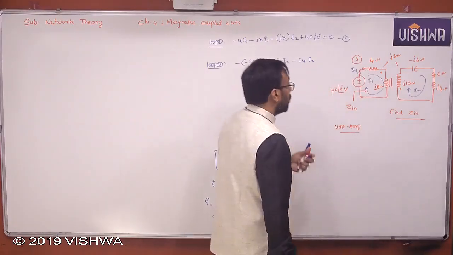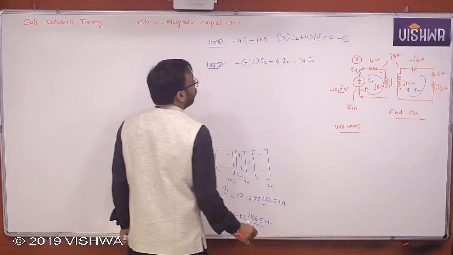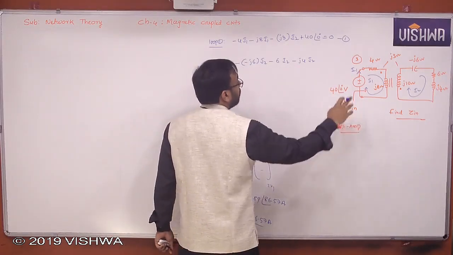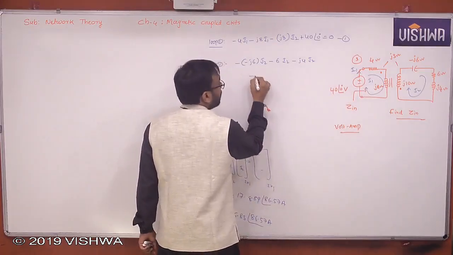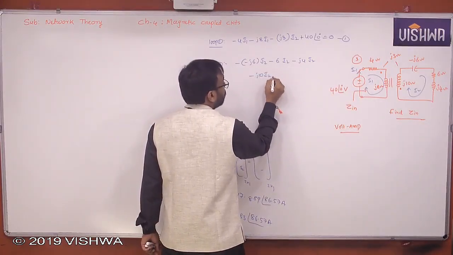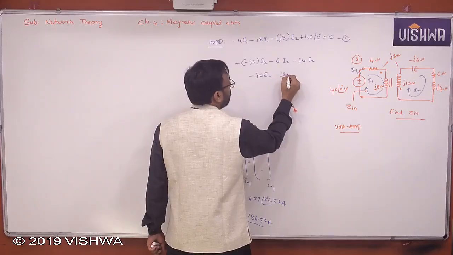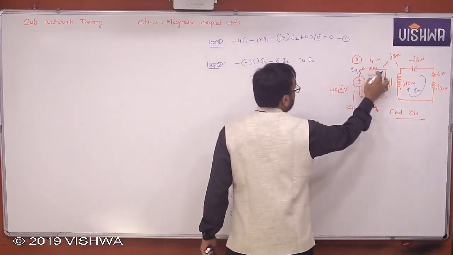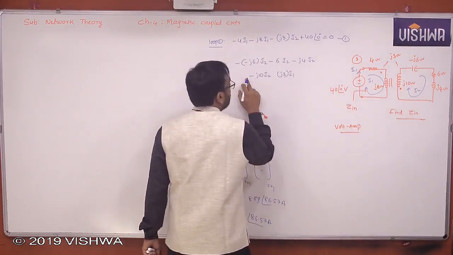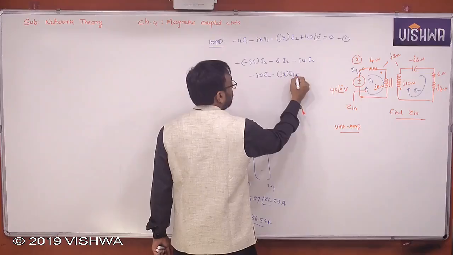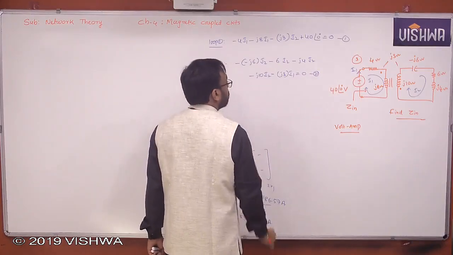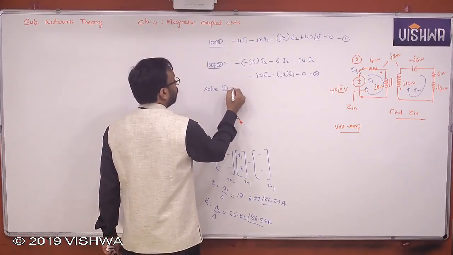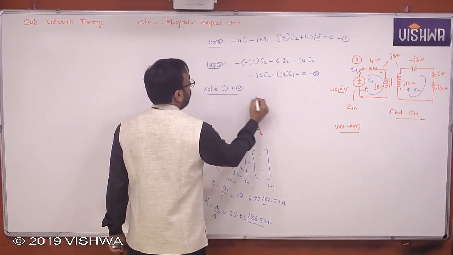So therefore, minus J4 I2, only self-induced EMF, no mutual induced EMF for that. Coming to this, minus J10 I2, this is self-induced EMF, but there is also mutual induced EMF, J3 into I1. I1 is entering, I2 is also entering, therefore self-induced EMF minus, mutual also minus, is equal to 0. That's it. Solve equation 1 and 2 and get the value of I1.